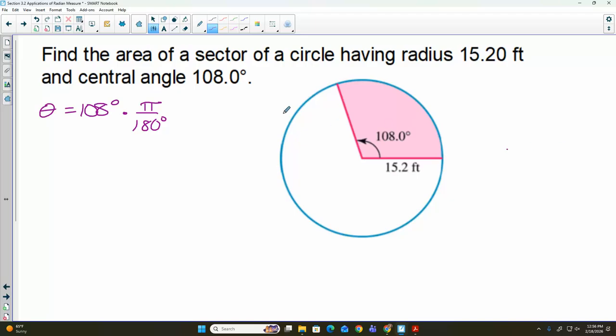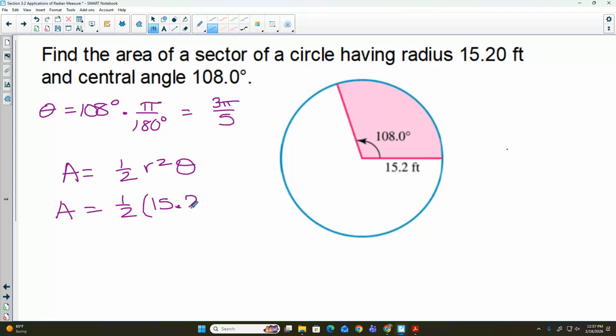And if you do that, you get 3π over 5. Now I want the area of the shaded part, so the area formula is 1/2 r squared theta. 1/2, my radius is 15.2 squared, my theta is 3π over 5.